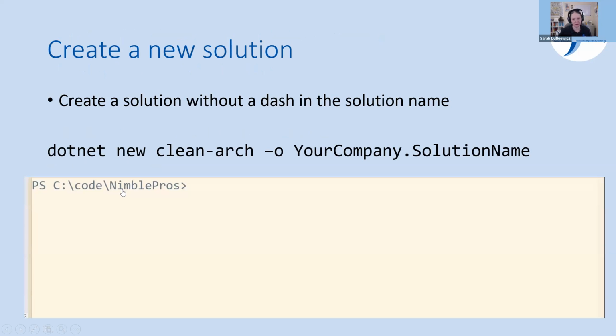You may have different naming standards at your company or on your own personal projects. So use the naming standards that meet your needs. Our proposal here is your company.solution name. So you'll see for my demo, it's nimblepros.webinar demo.